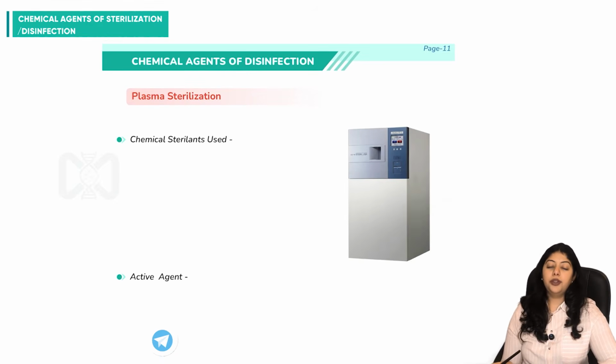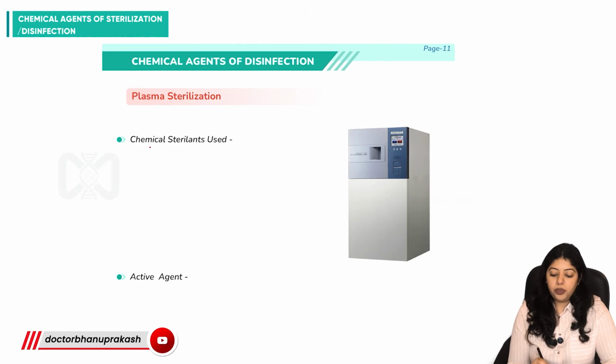So now we have already discussed the use of hydrogen peroxide in plasma sterilization. So the chemical sterilant which is used in plasma sterilization is hydrogen peroxide.